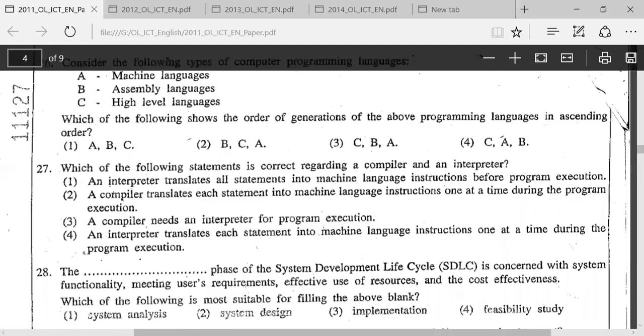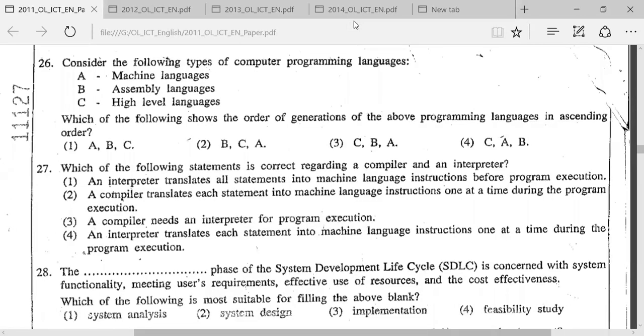Question number 27. Which of the following statements is correct regarding a compiler and an interpreter? Compiler and interpreter, we already discussed in our class. Now we can consider the question and the answer options. They are comparing the compiler and interpreter.